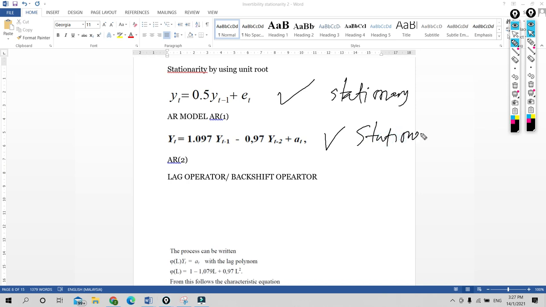This can also be considered as stationary because the absolute value of L1 and L2, we have two factors, are greater than 1. If the value is less than 1 or equal to 1, then it cannot be considered as stationary data. This is how we use the unit root rule to determine whether the data is stationary or not stationary.